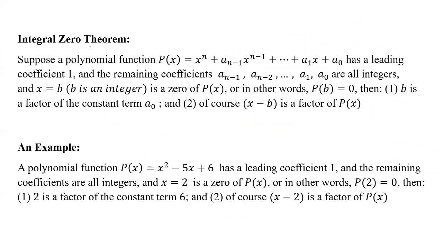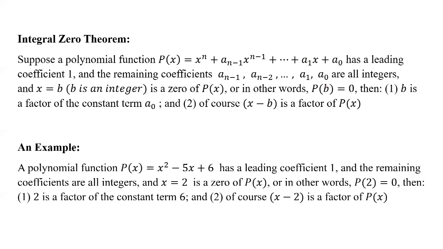The integral zero theorem states that suppose a polynomial function P(x) has a leading coefficient 1 and the remaining coefficients a(n-1), a(n-2), all the way to a0 are all integers, and x equals b, where b is an integer, is a zero of P(x), or in other words, P(b) is 0.